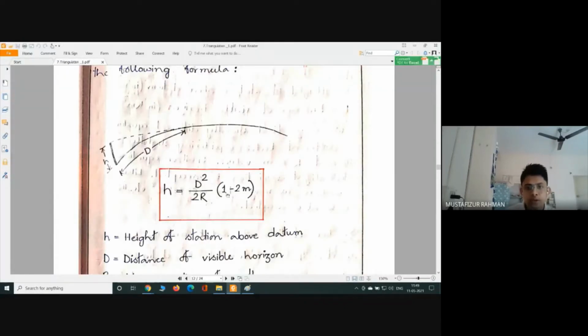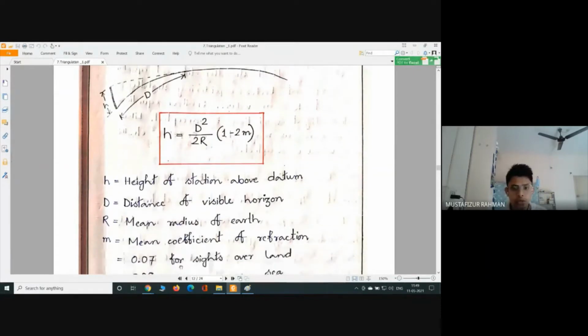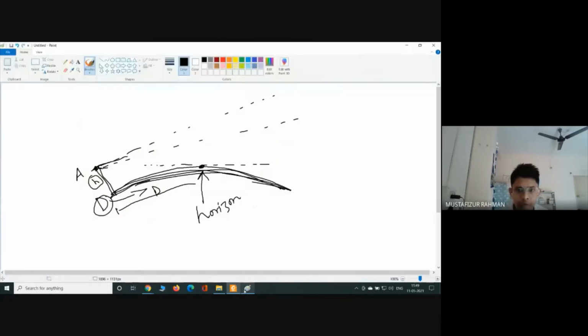So we have a formula for that: h is equal to d squared by 2R, times (1 minus 2m). What is R? R is the mean radius of Earth. What is m? Mean coefficient of refraction. Why are we using that? Because the straight line of sight travels through the air, and air has different layers. Towards the earth the air is thicker; when you go up, it is thinner, lighter.